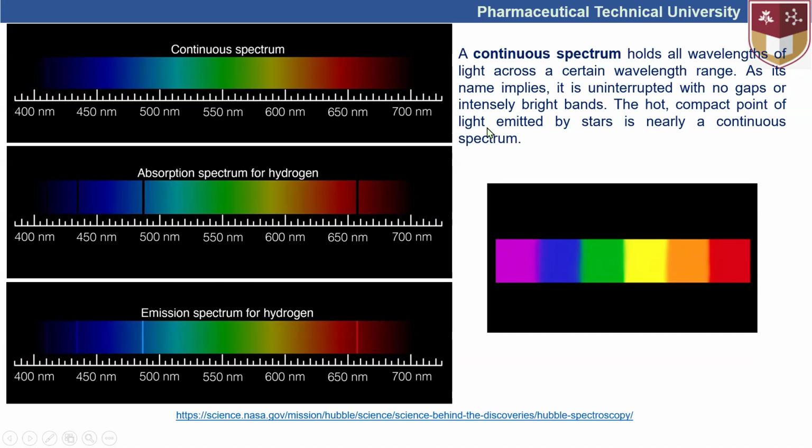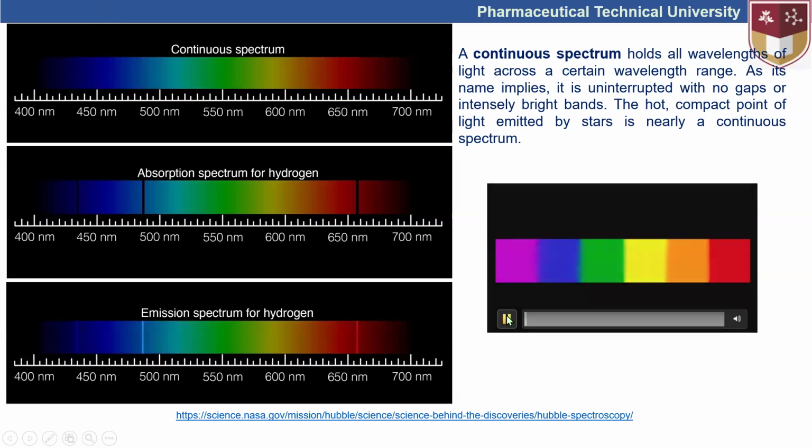The hot compact point of light emitted by stars is nearly a continuous spectrum, and based on some differences in intensities of some electromagnetic wave ranges, it is possible to identify what kind of elements exist in the sun, and that the presence of hydrogen and helium is identified based on the light spectrum of the sunlight.